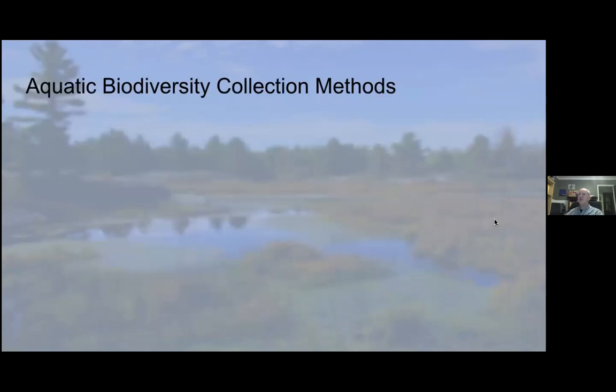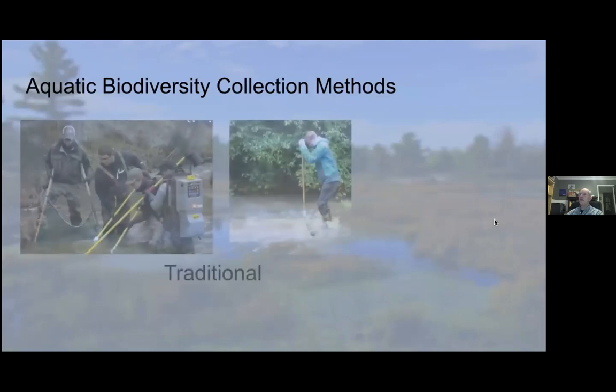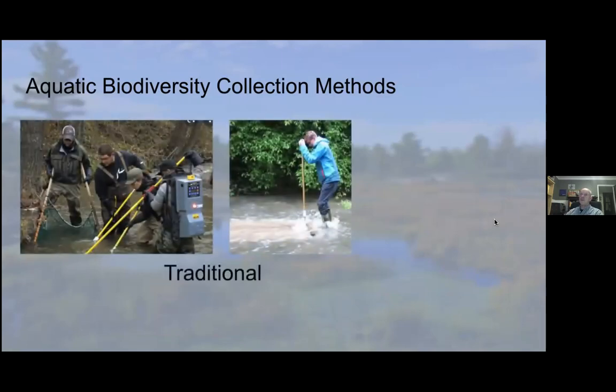Normally when you're doing aquatic biodiversity, some kind of inventory, the traditional methods are electrofishing and kick netting. You're doing this for streams, right? So you zap whatever fish is going by, you catch it in a net, you tag it maybe, you take a little tissue sample.